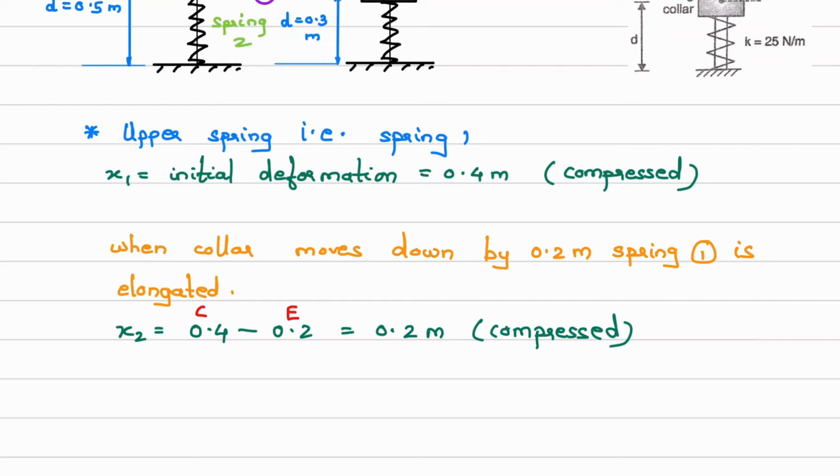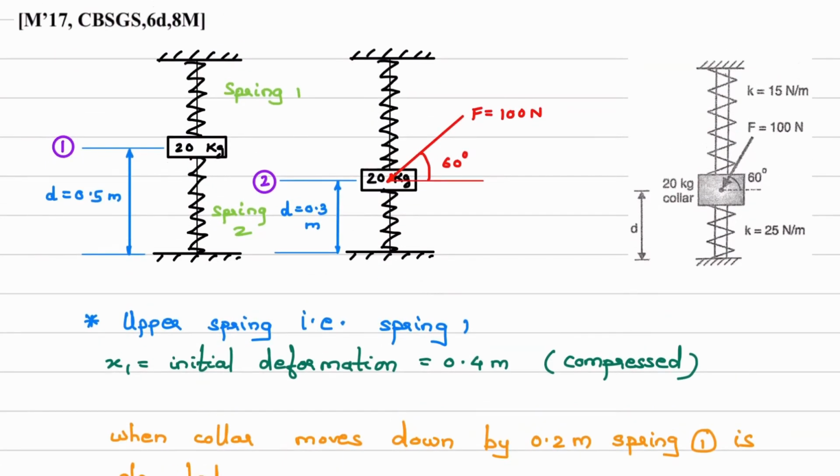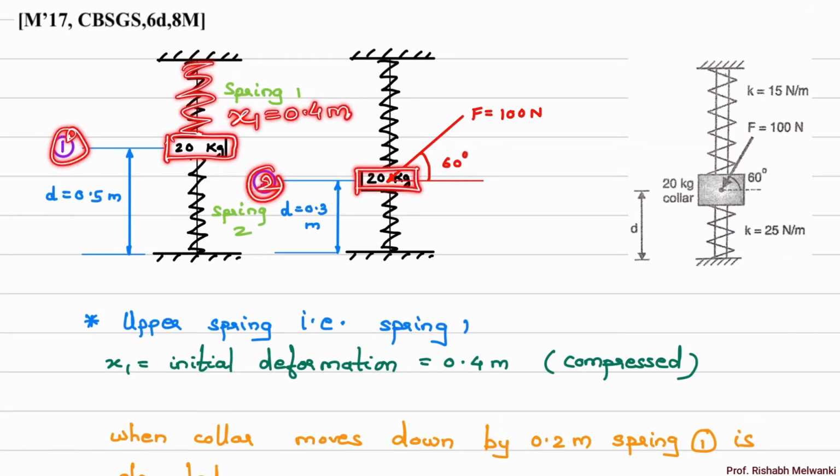So I'll explain the meaning of what we have done here. Spring 1, initially at position 1, is compressed. What is x1? 0.4 meter. Now when the block is moved to position 2, because of this applied force, even though this spring is elongated, it moves down by a length of 0.2 meter.